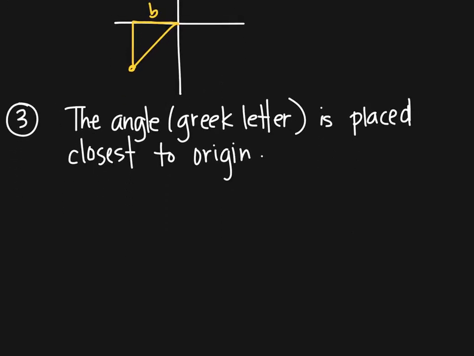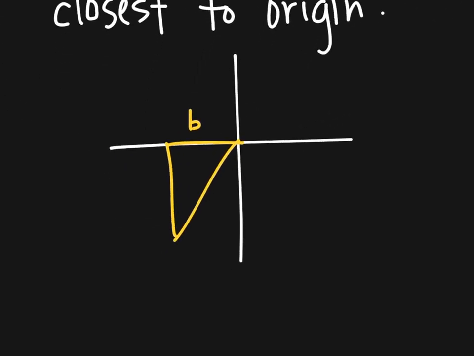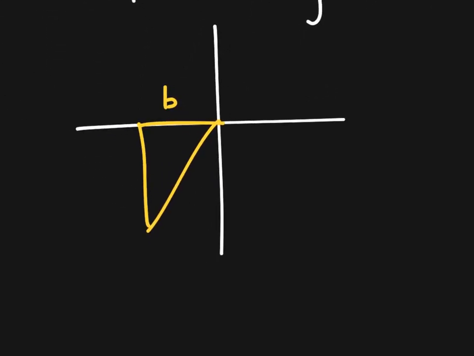So again, if you're looking like this and we've met our guidelines and we've drawn an angle like this and everything is in the right place, where do you put the Greek letter? You are not going to put the Greek letter down here in that corner because it's not the corner closest to the origin. You're going to always put your Greek letter that's indicating the angle in the one that is closest to the origin.